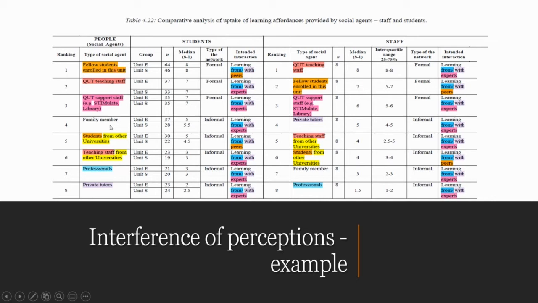Students ranked their family members at the fourth position of people they turn to for help when they have difficulties with learning, while staff rank them at the seventh position, which is quite a big difference.